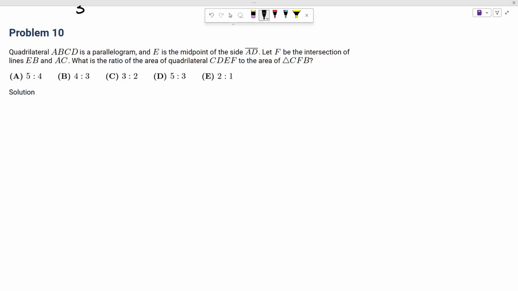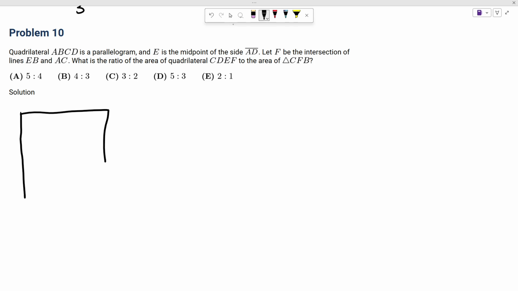ABCD is a parallelogram, and E is a midpoint, and F is some intersection. So this problem, if you wanted to, you could try to prove that it's true for any parallelogram. But if you're on a time crunch in a contest, then you might just want to try fake solving it. It doesn't specify that ABCD has to be any old parallelogram.